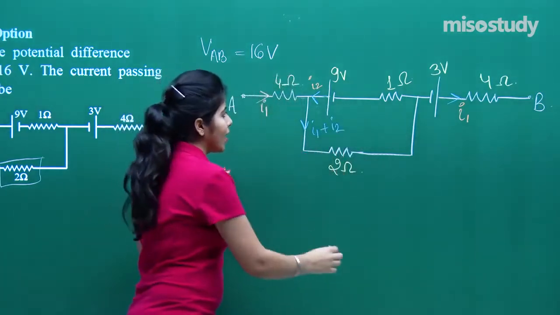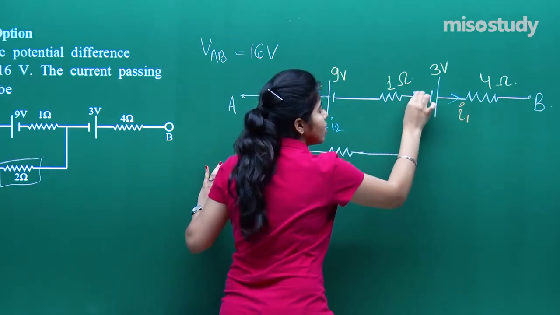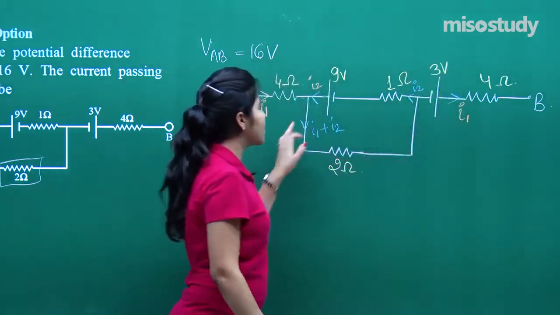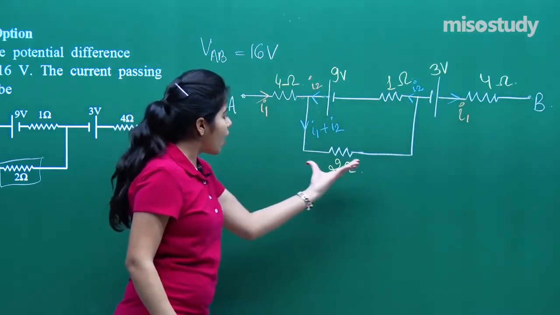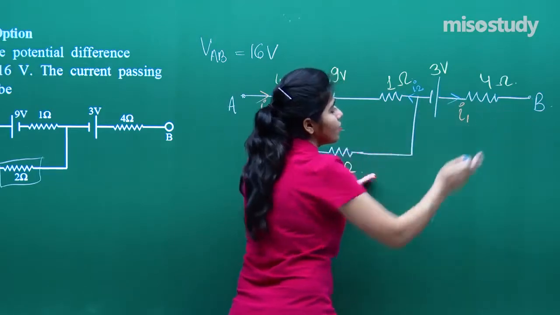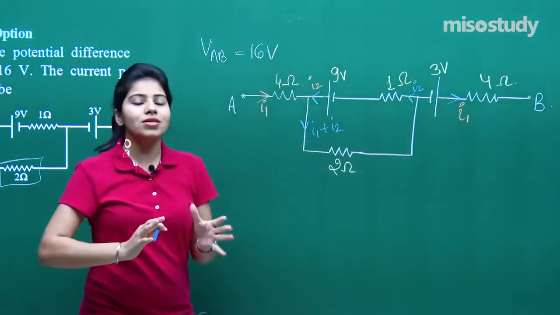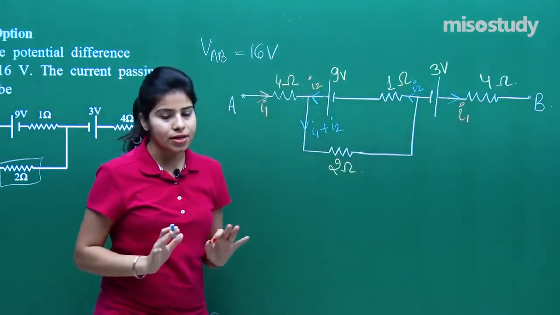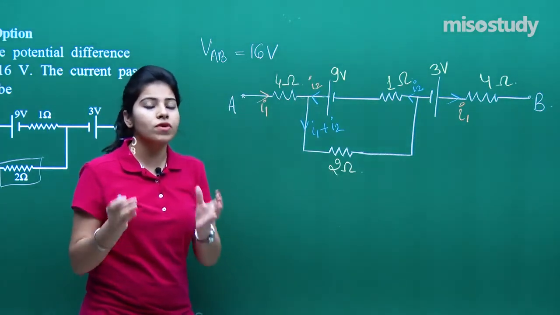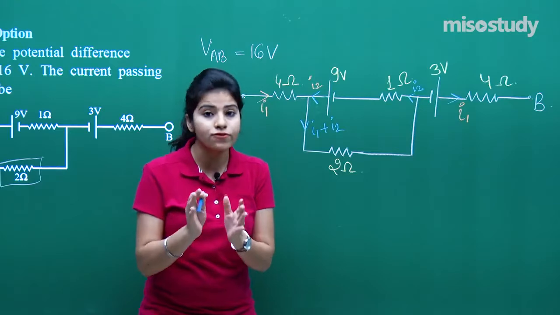Again after going from here, this current will be I2, because I2 goes from here, I1 plus I2 goes from here, I2 will go here and I1 will go there. Like this we have divided the current in the circuit. Now we have to find the current in this arm, so first of all we will apply Kirchhoff's law.